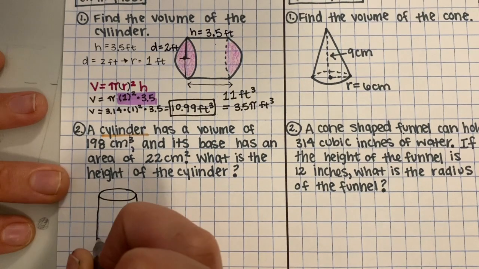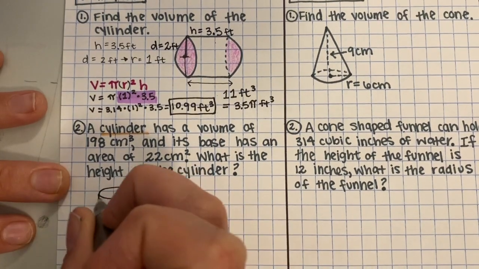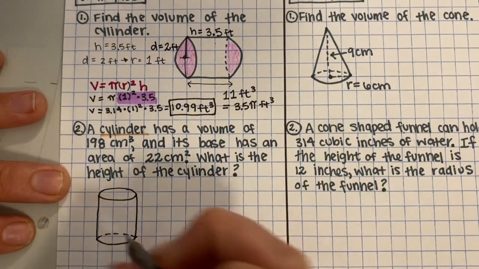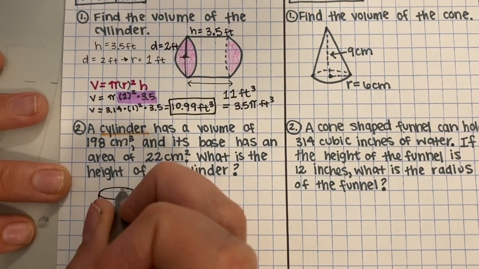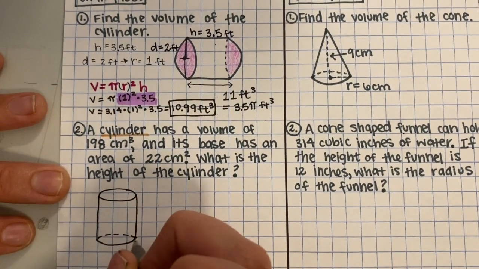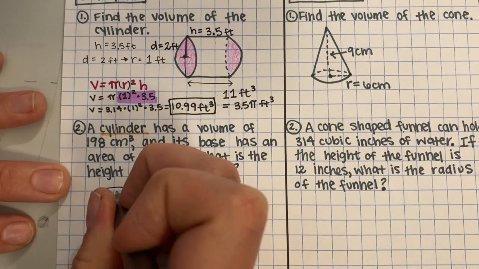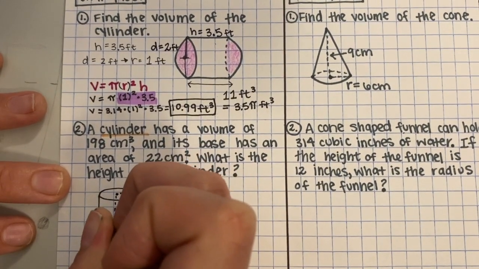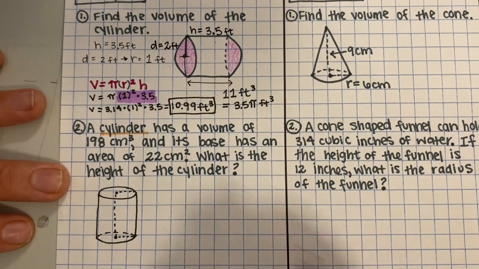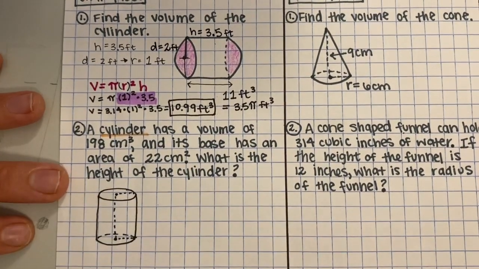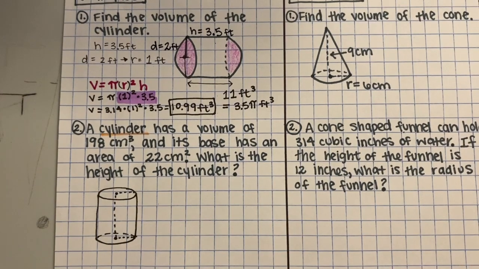My advice for drawing a cylinder is to draw a circle, and then two lines extending, then half an oval and then a dotted line. Does not have to be perfect. Then I'm going to fill in my known information.